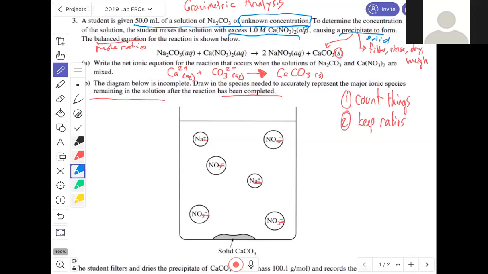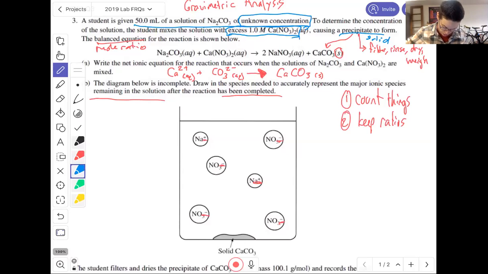Do you need the NO3 or the Ca? Because it says you put excess. So that's what I had in excess, was the calcium nitrate. So I have a limited amount of sodium and a limited amount of carbonate.